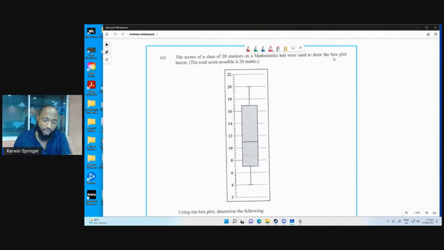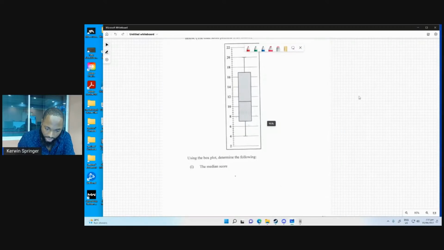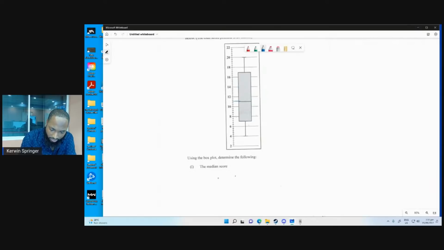This question still has more parts. The scores of 30 students on a mathematics test were used to draw the box plot below. For the median score, you just need to read off the graph. The median score looks like it's between 10 and 12. Where is that? 11.